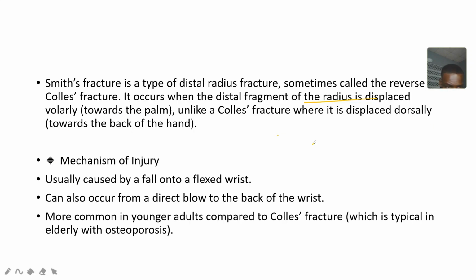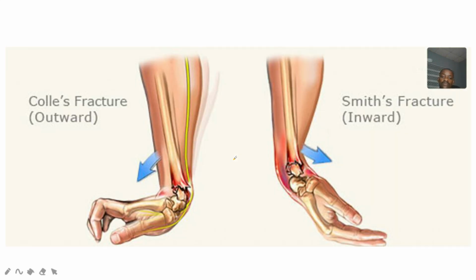So mechanism of injury is usually caused by a fall onto a flexed wrist. It can also occur from a direct blow to the back of the wrist. Okay, so it's common in younger adults compared to Colles fracture, though. So this is Smith's fracture.